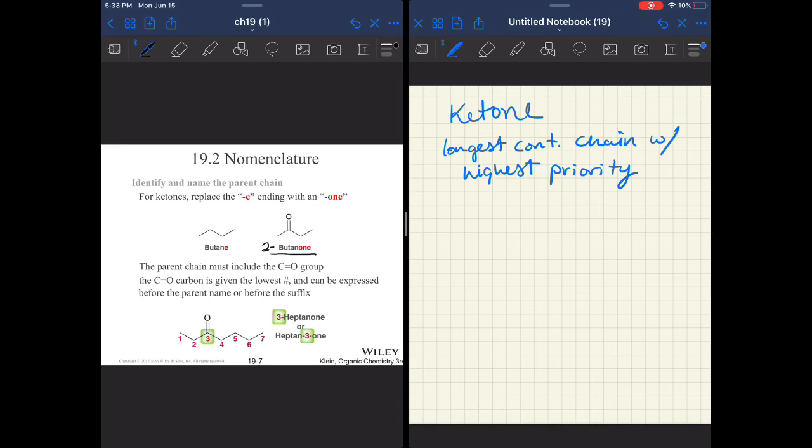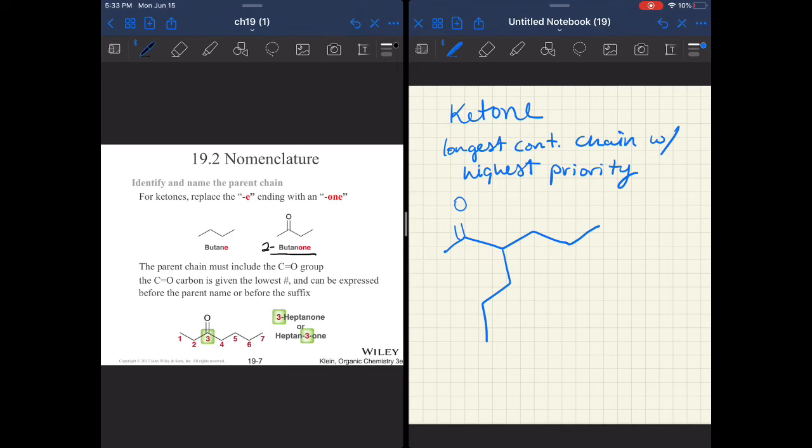So before we're done naming, I'm going to show you what to do if you have both. But for now, if the ketone is your highest priority functional group, and let's say we have something like this.